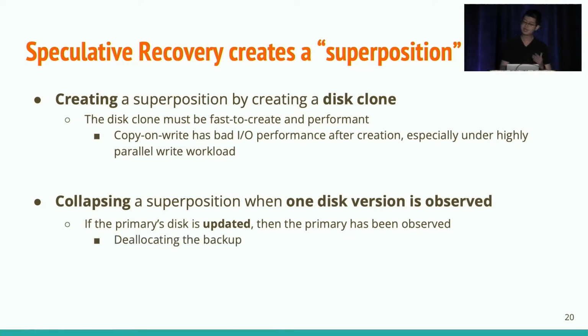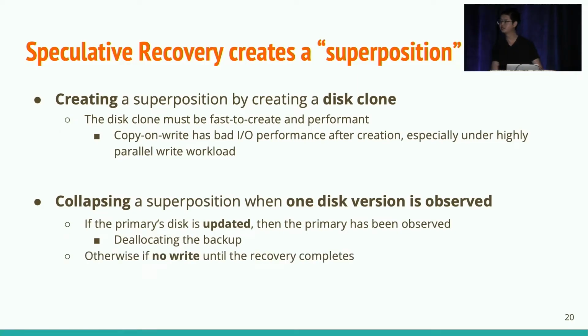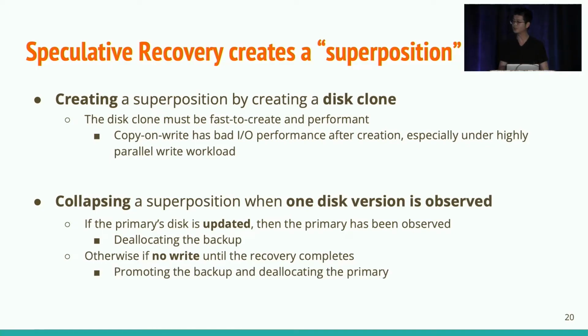And in this case, the superposition is collapsed by aborting recovery on the backup to make sure that it cannot be observed. Otherwise, if we see no writes until the recovery on the backup completes, then the application state on the primary has not been changed. Then the superposition is collapsed by promoting the backup to be the new primary and deallocating the old primary to make sure that it cannot be observed.